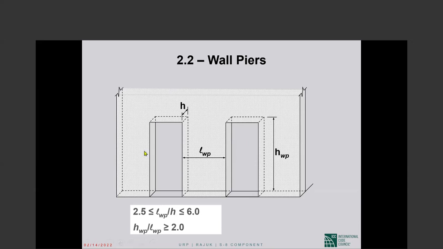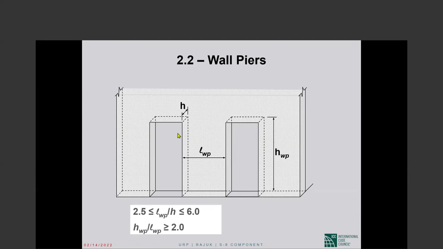The problem is that those segments between the openings, or between the opening and the edge, are particularly vulnerable to shear failure in an earthquake. We saw that in earthquake after earthquake.